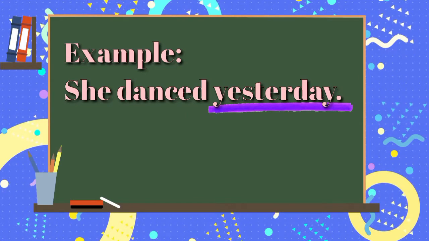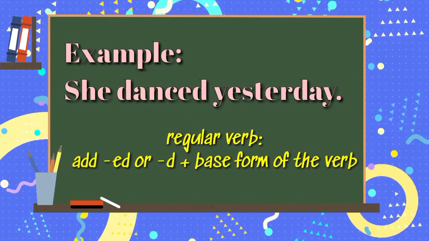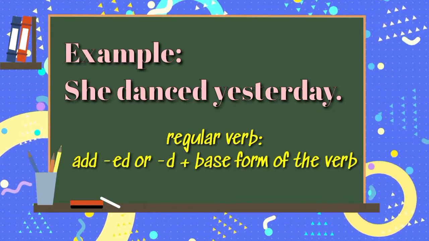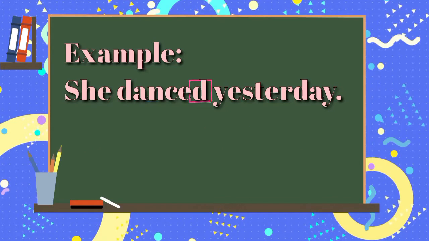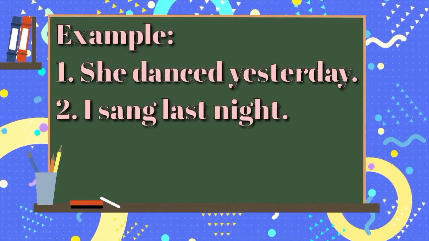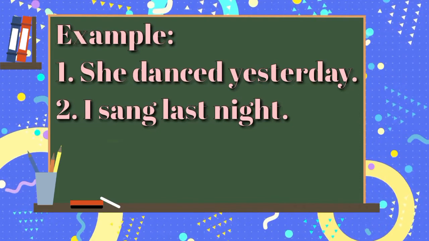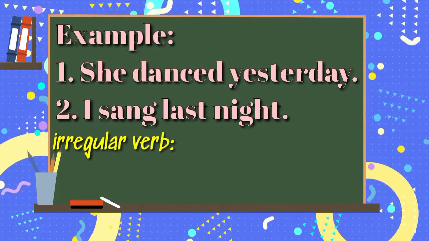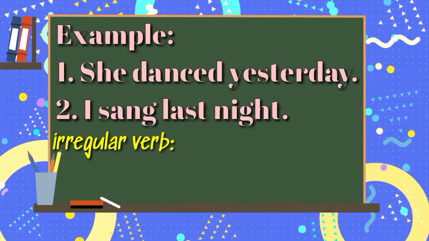In order to transform the past tense of a regular verb, we add ed or d to the base form of the verb, just like our verb in the sentence. Another sentence: I sang last night. In this sentence, we have an irregular verb. Irregular verbs do not follow the rules on forming the past tense of regular verbs.